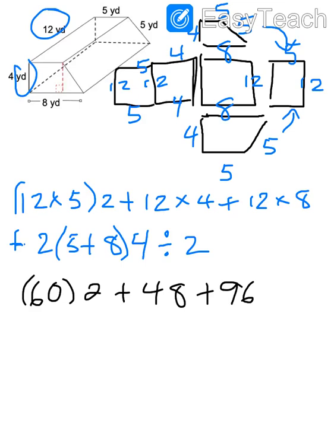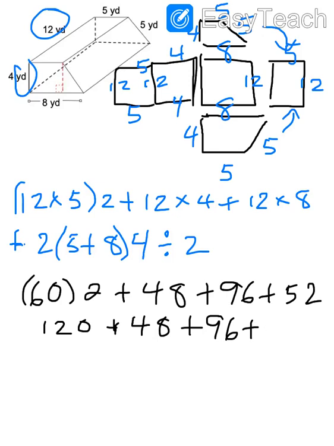And then divide that by 2 is 52. So the 2 trapezoids are 52. And we're going to change this back to 120 over here, because 60 times 2 is 120, plus the 48, plus 96, plus 52.